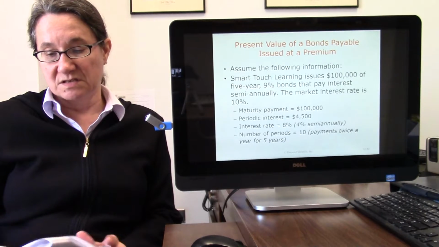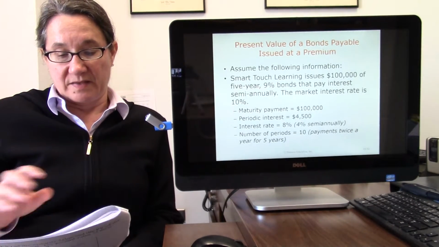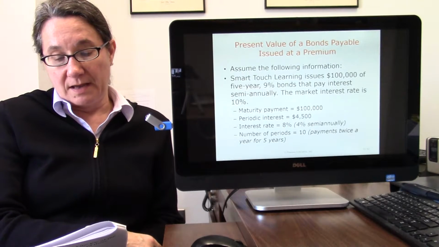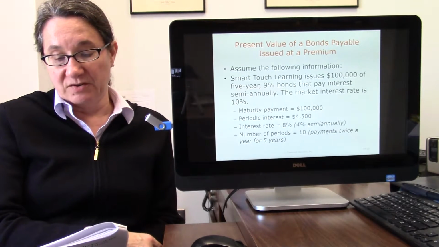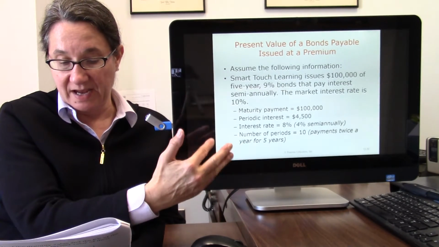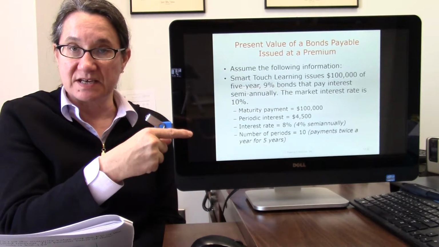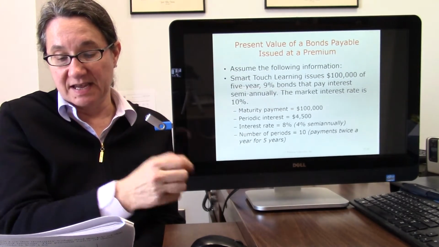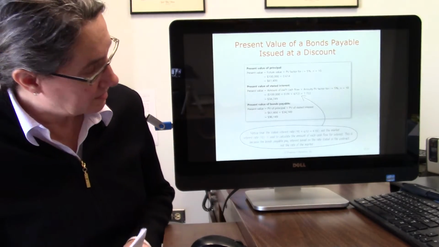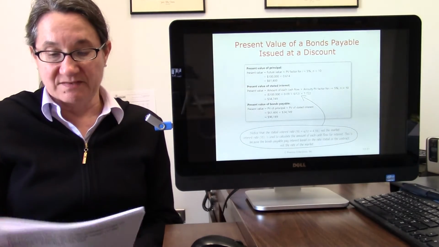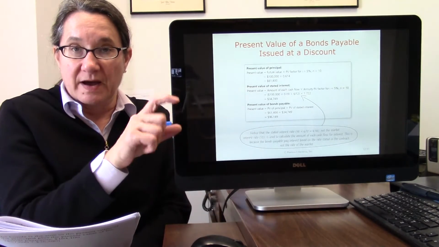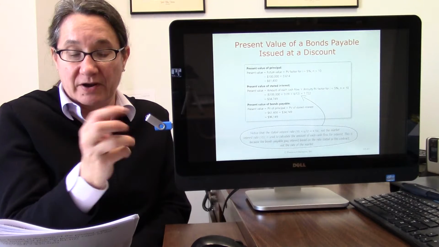Let's suppose that the interest rate drops a little bit, so that the market interest rate is only 8%, whereas those bonds are at 9%. So you're going to recalculate. We're doing what we just did, but assuming the market interest rate is 8%. So this is the present value of bonds payable at a premium, because the bond itself has a higher rate than the market.